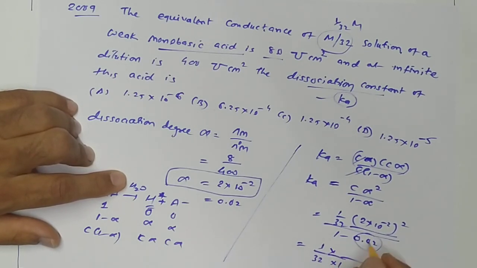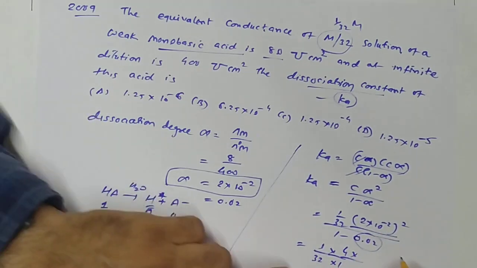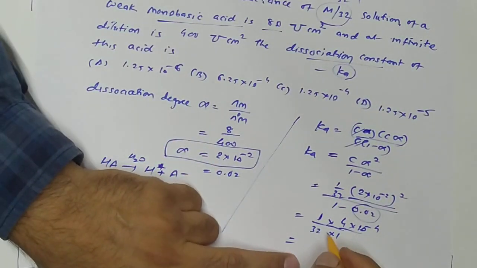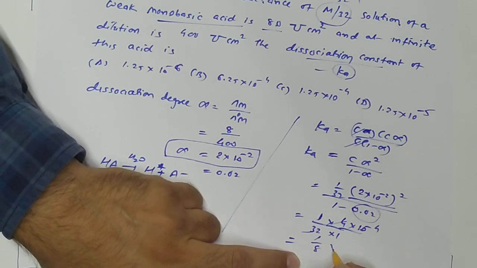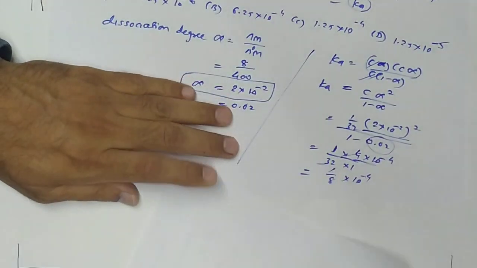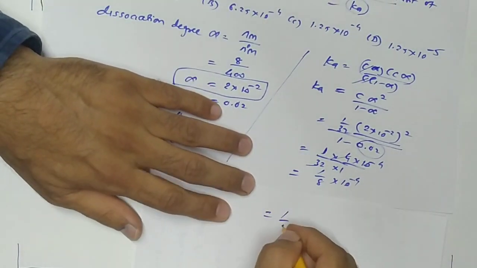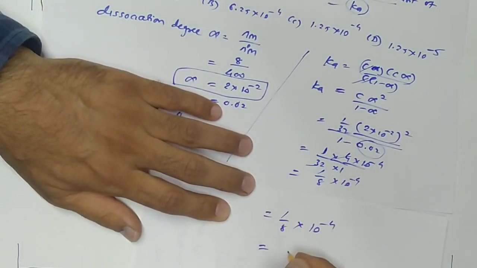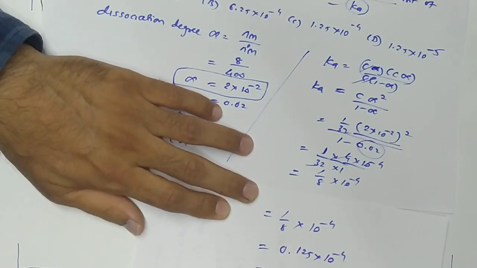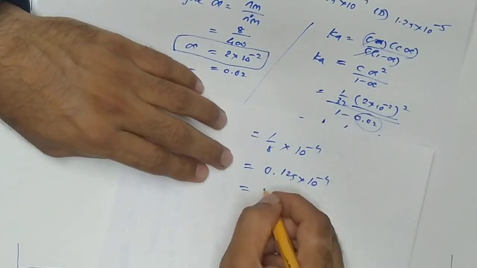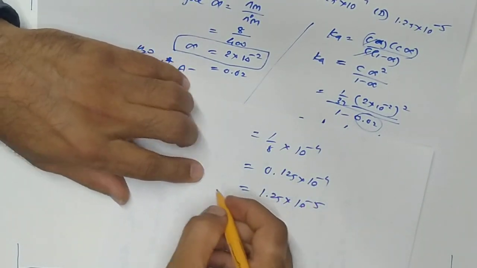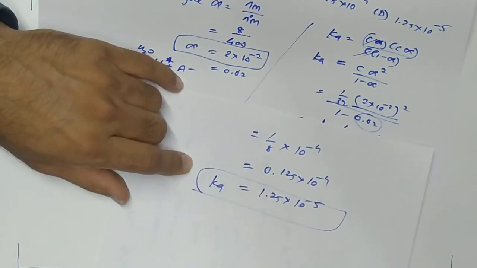So the square of 2 is 4, 4 × 10^-4, so 1/8 × 10^-4, which is 0.125 × 10^-4. Moving one digit, 1.25 × 10^-5 is the dissociation constant.